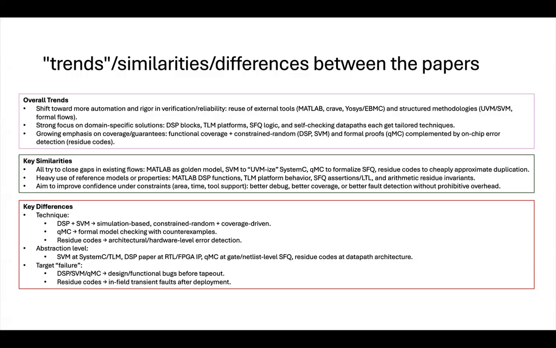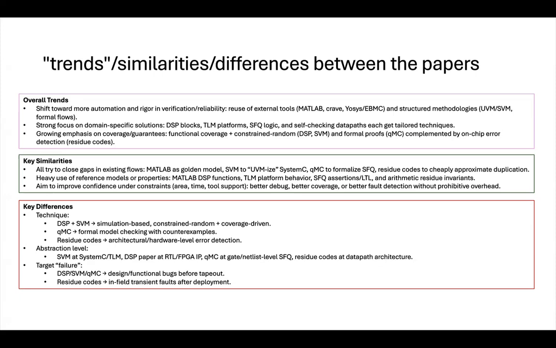The QMC work moves from simulation into full formal, on the other hand. It tailors model checking to superconducting SFQ logic with the right structural checks and temporal properties, and then leverages open source engines like Yosys and EBMC to either prove these properties or give counterexamples.